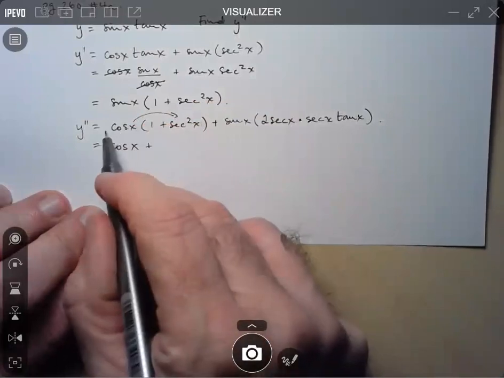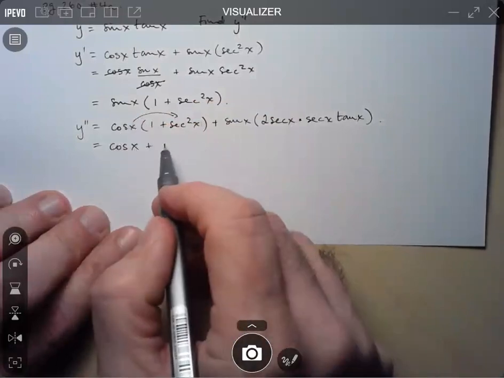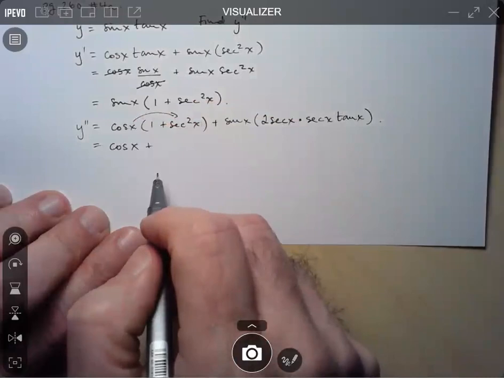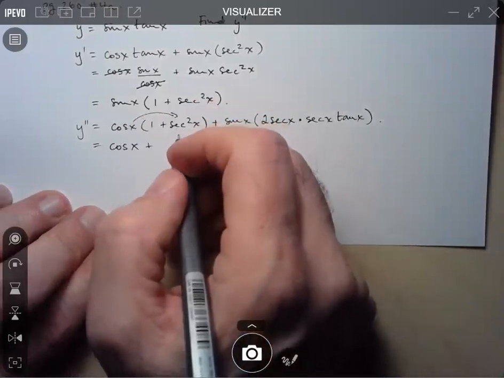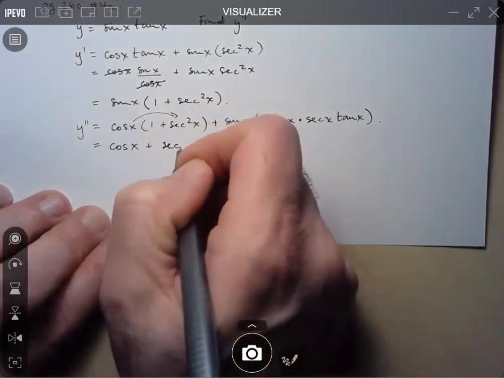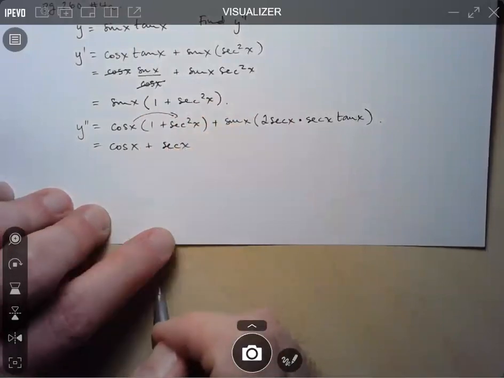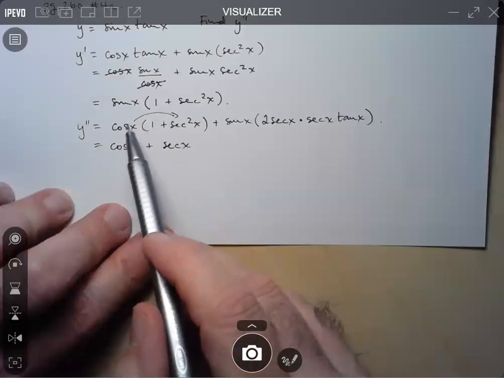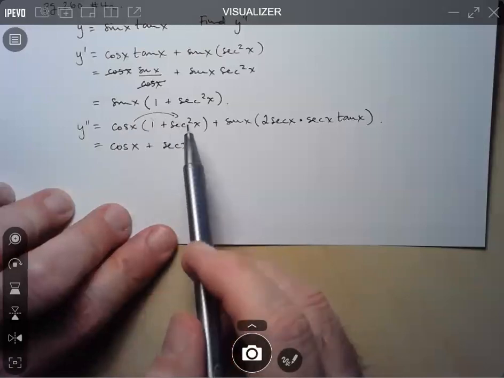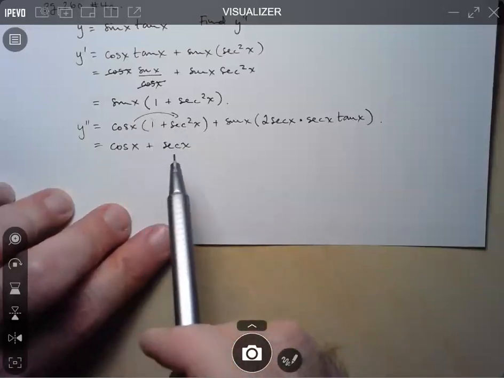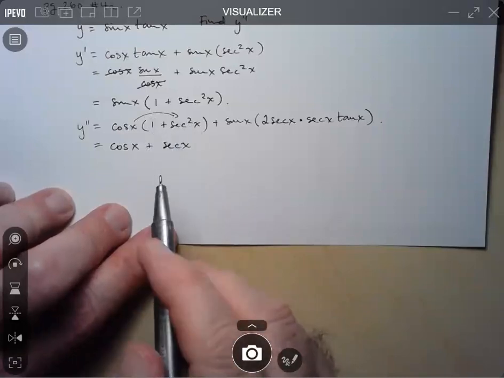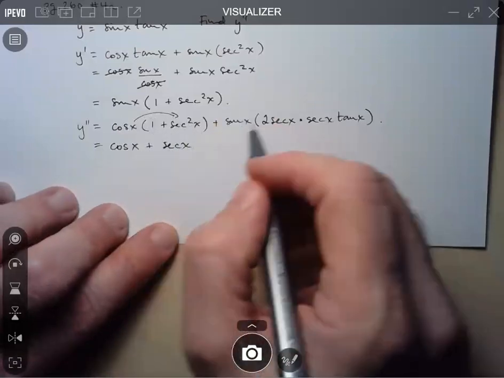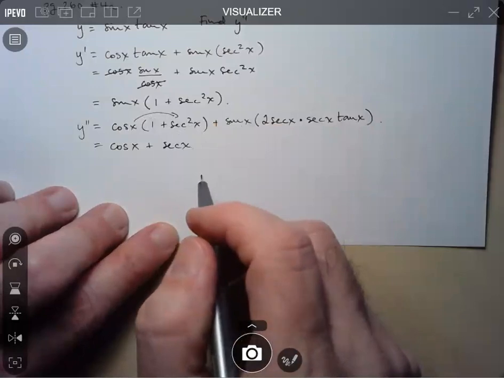I'm going to cancel out the cos x in the numerator with one cos x in the denominator, so I'm just left with 1 over cos x, which is secant of x. Now, if you're having any question about this kind of product, you really should just write it out. I decided to do it in my head. Let me know if you want me to show on the side how I got that.